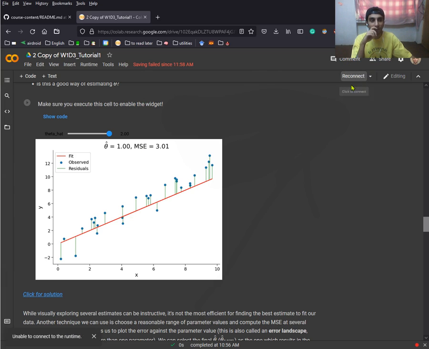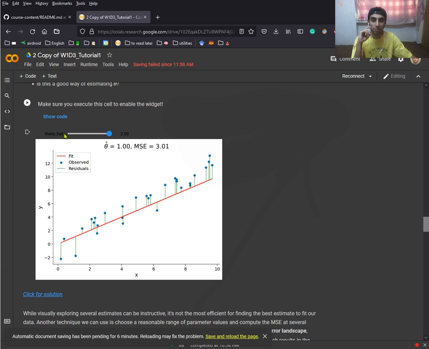If I say reconnect, they are not connected because I am not connected to internet. Anyway, but if you put, for example, a large number, it will be something like this line, and it will give you a large MSE.